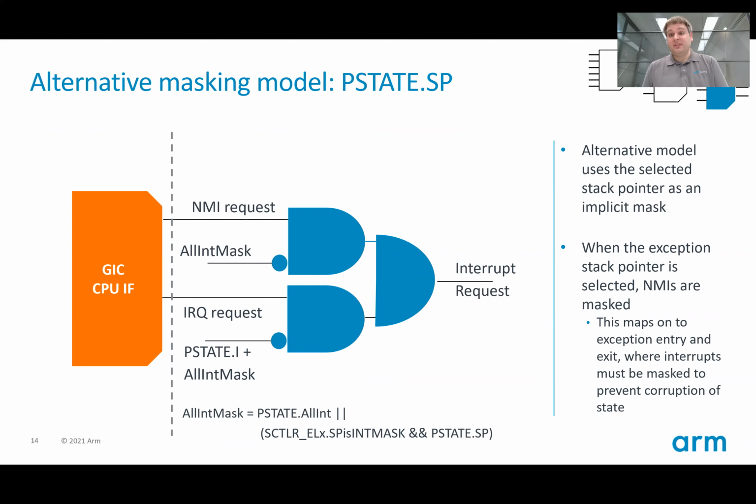Well, one of the things you see in the ARM architecture is we have different stack pointers. One stack pointer is always selected on exception entry. So we can use that as a pseudo NMI mask because it identifies a period when interrupts would typically need to be masked. But as I say, this is optional. You can choose to turn this mode on and off depending on how you want to handle interrupts in your OS.